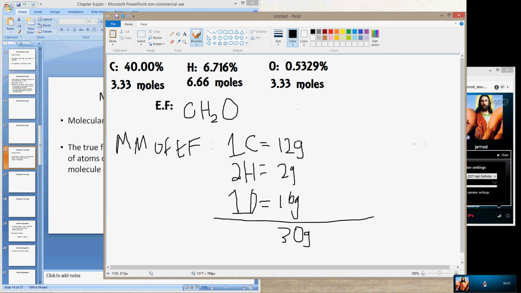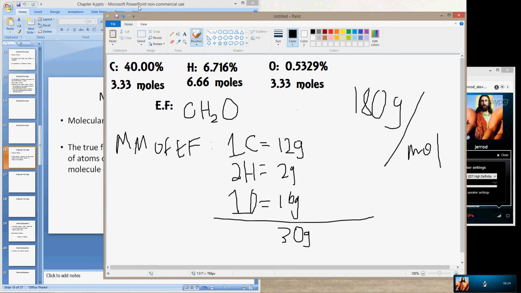Alright, and then it's going to tell you what the true molar mass of the substance is. For this problem, the true molar mass is 180 grams per mole.